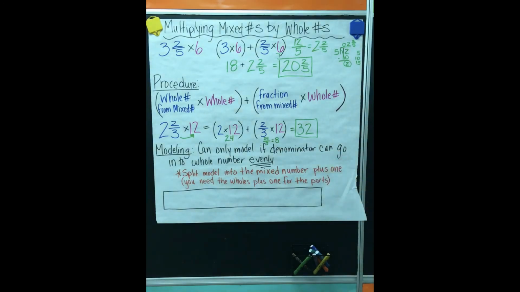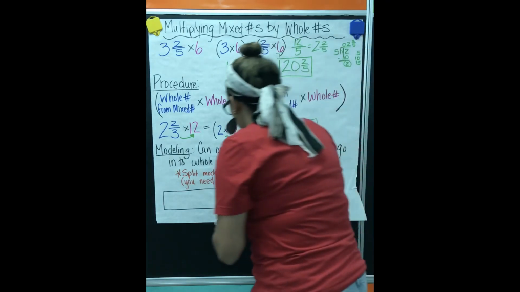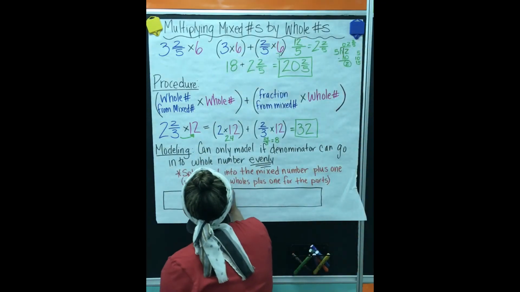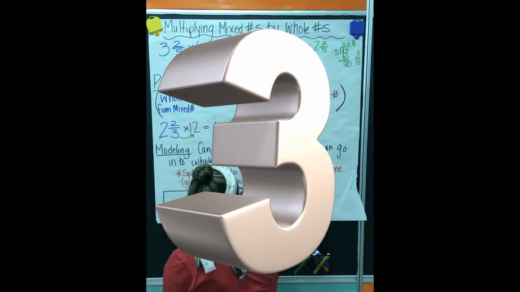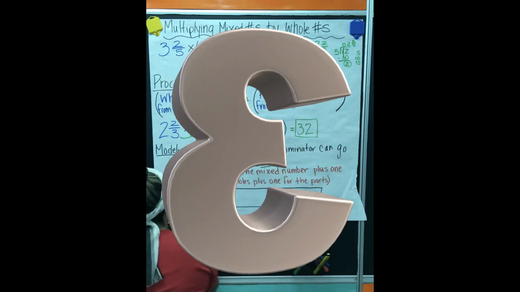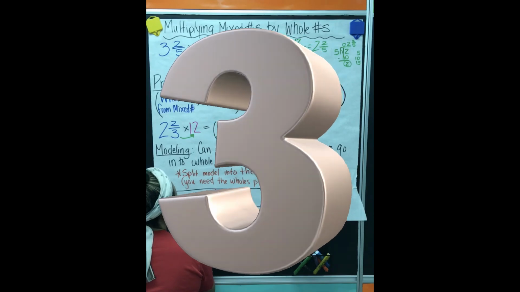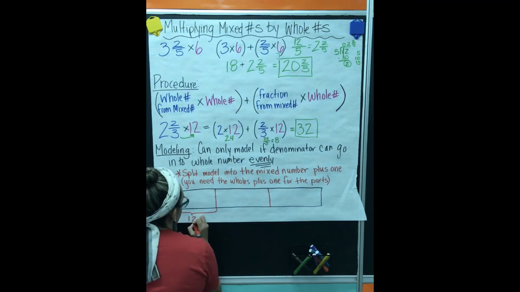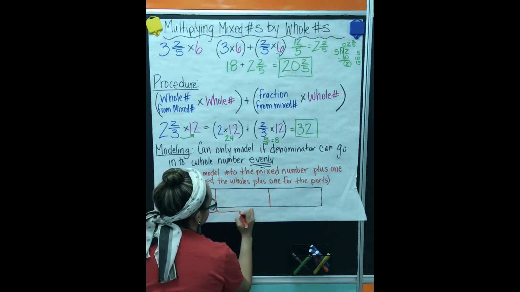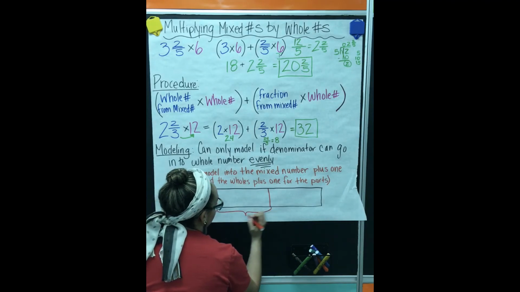Unlike when we model with fractions times a whole number, this fraction bar doesn't equal 12. Each piece of our fraction bar is going to equal 12. So each piece is going to represent one whole. We are going to split this into 3 pieces, and each one of these pieces is going to represent 12.